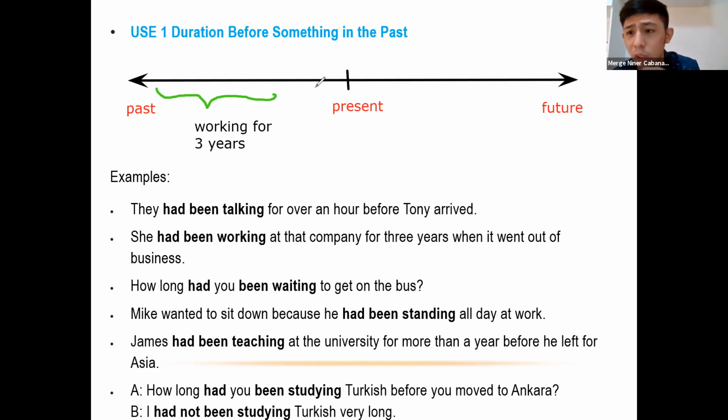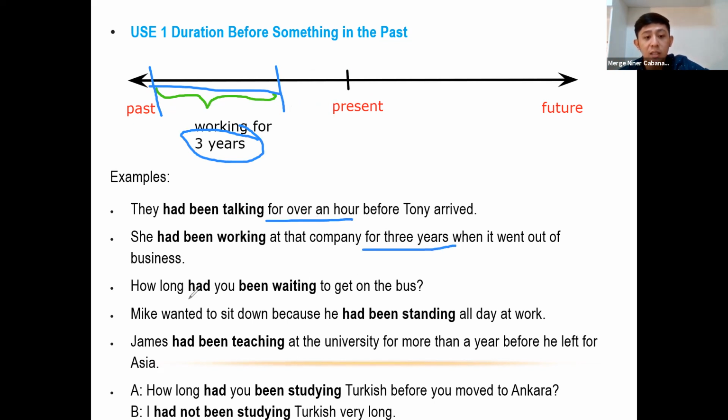So what does this mean? So there's a duration of this person working for that company for 3 years. Unfortunately, it went out of business. That is the reason that it started in the past, it ended in the past, but the emphasis is on the duration, which is 3 years. So take a look at that. For over an hour, for 3 years, long, had been standing, had been teaching for more than a year before he left for Asia.